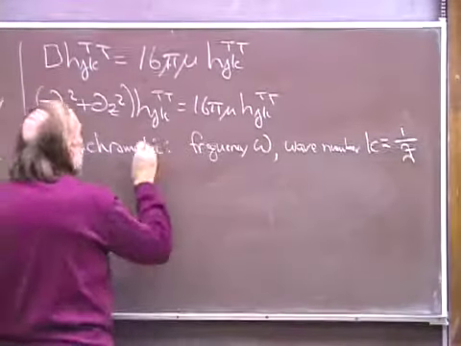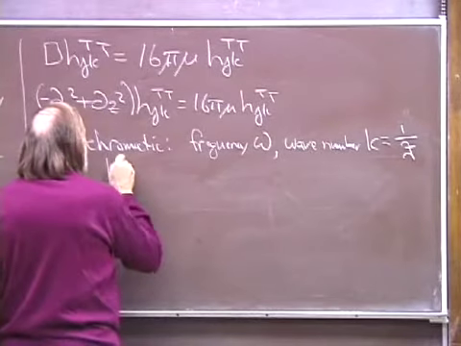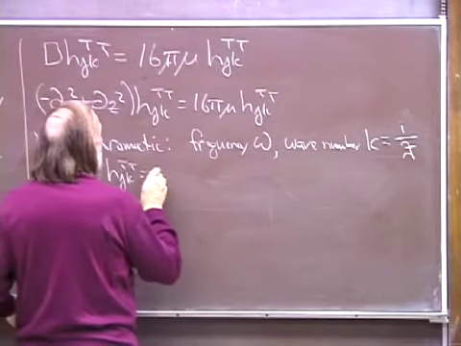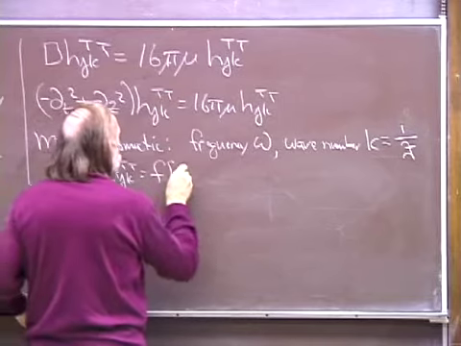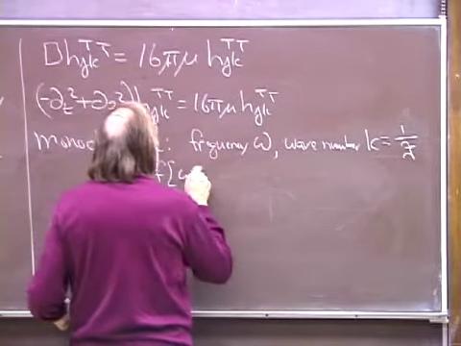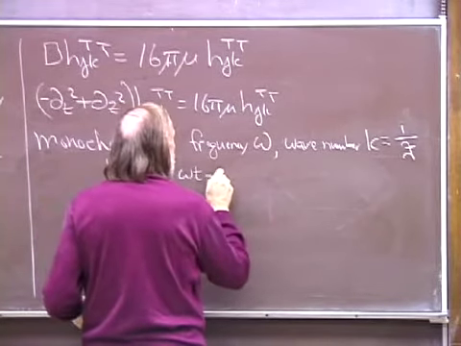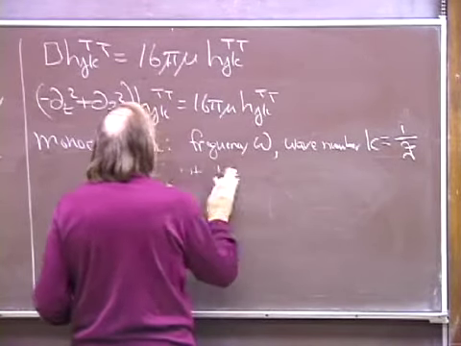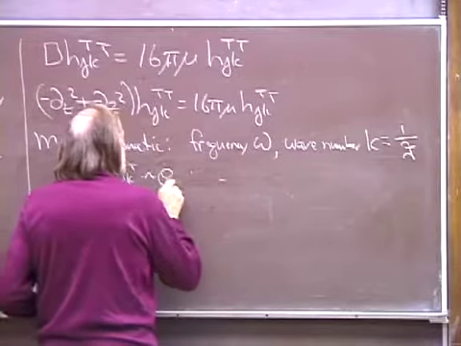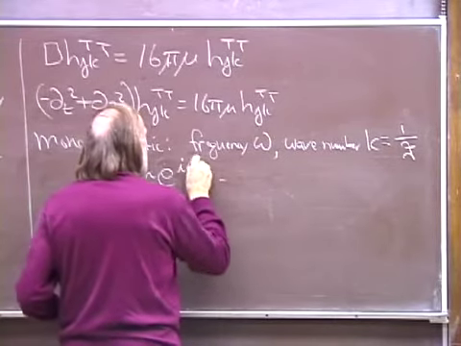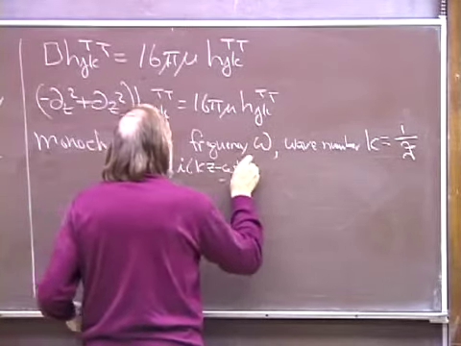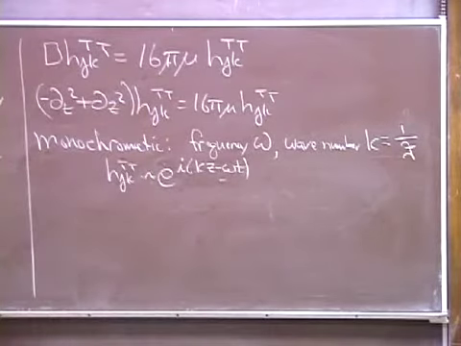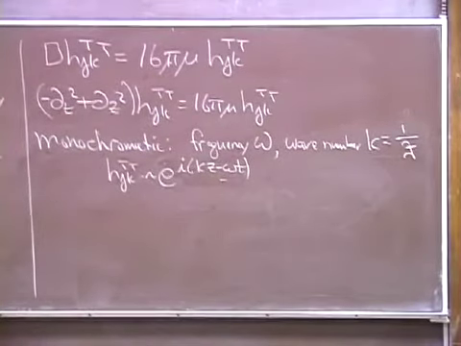That means that hjk transverse traceless is some function of omega t minus kz. Or let me write it as e to the I kz minus omega t, using the usual complex notation. You take the real part.